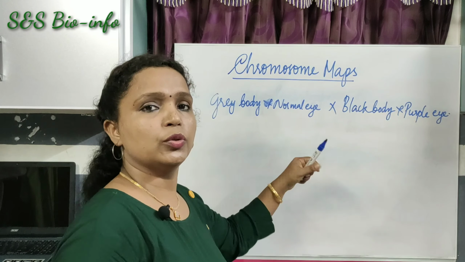Here the grey body is dominant over the black body. Normal eye color is dominant over the purple eye. Here these two are pure dominant traits. Black body and purple eye are pure recessive traits.